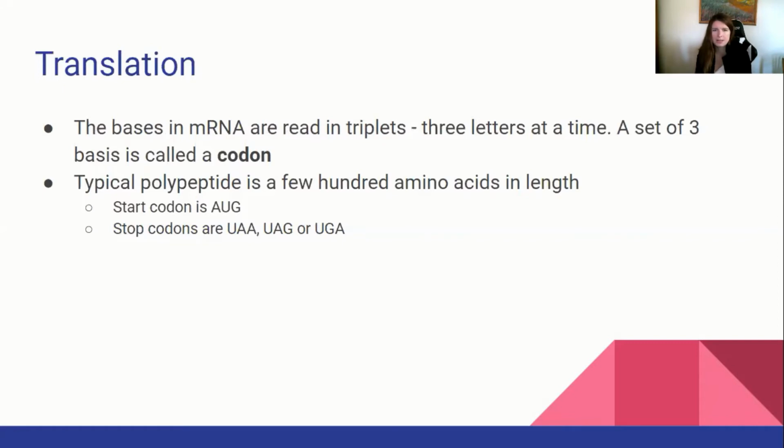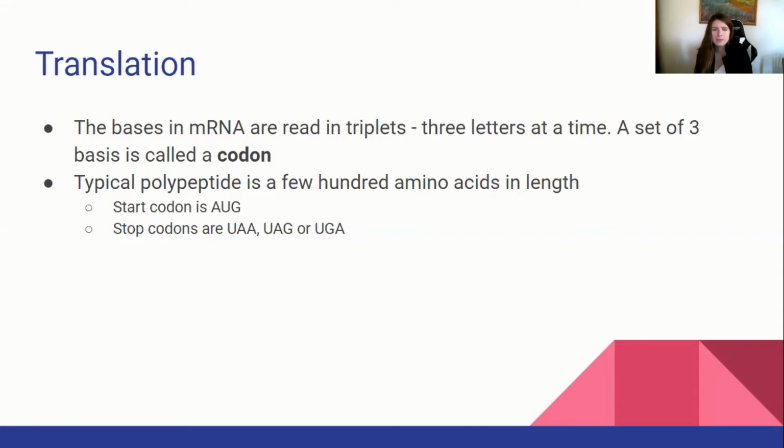Our typical polypeptide is a few hundred amino acids in length, so it gets pretty long. So we're going to read a lot of different codons. I'm not going to make you build a 100 amino acid polypeptide here, but you should know that they do get quite long.